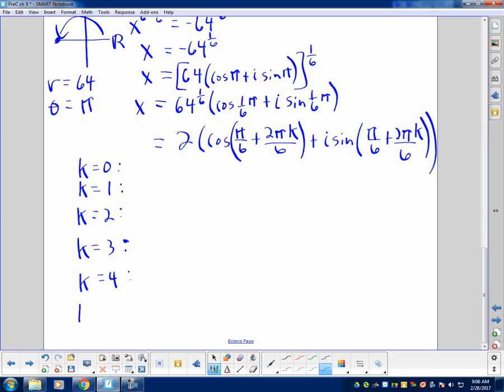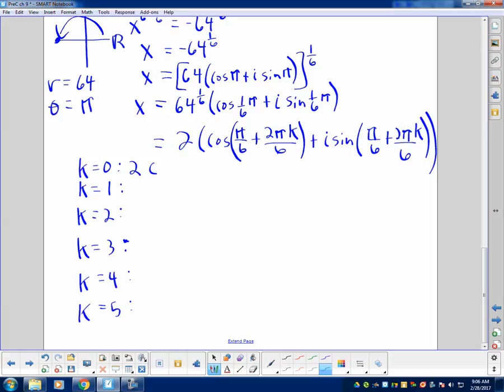That's what we like to do as mathematicians: if we see a shortcut, we'll take it. Mathematicians are lazy sometimes. Well, not really. But if we can find a shortcut, we'll take it. So what's the first one going to be here? Pi over 6. Yeah, pi over 6. So I have 2 cis pi over 6.